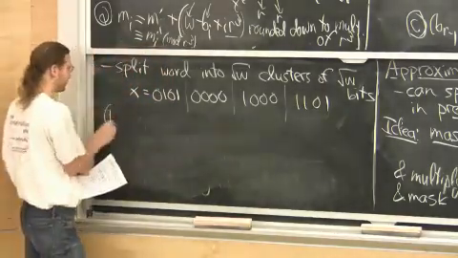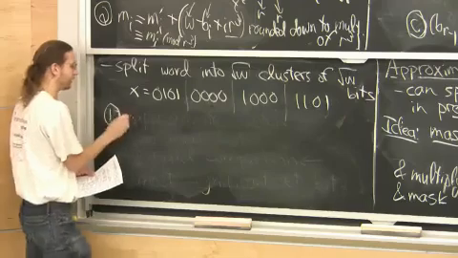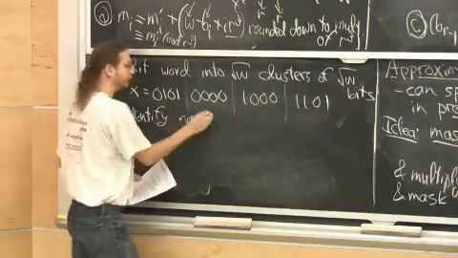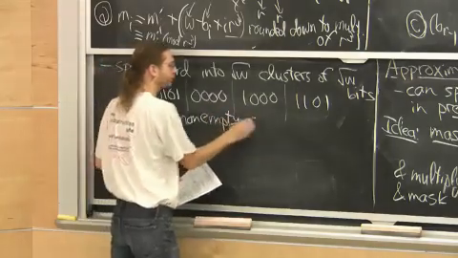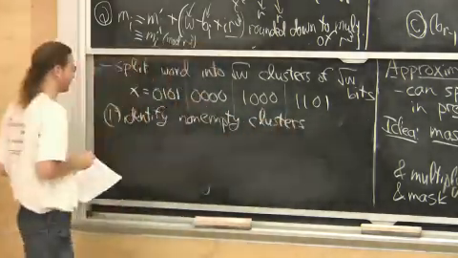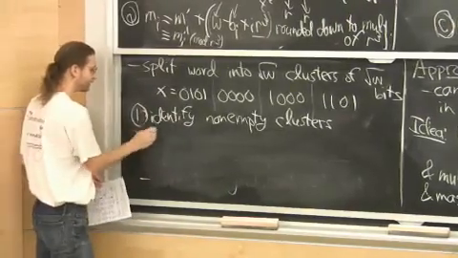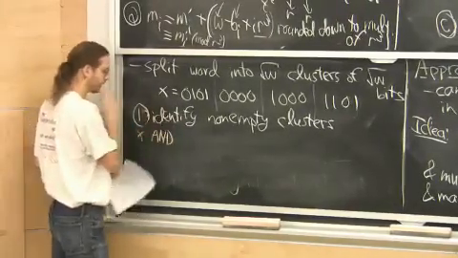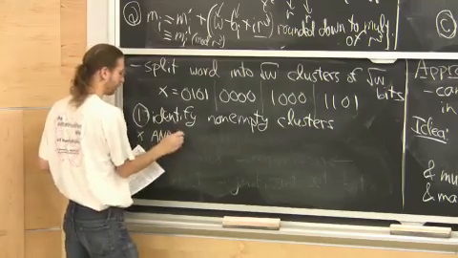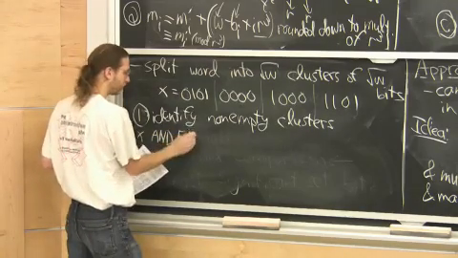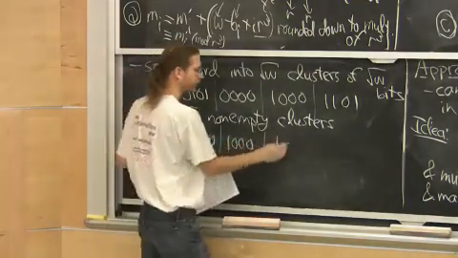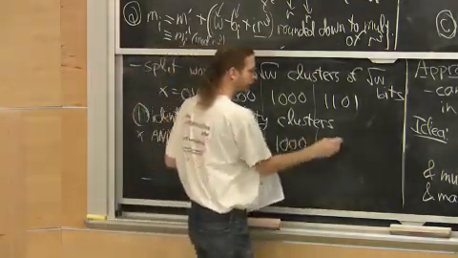So let's spend some time on identifying non-empty clusters. Okay, first thing I do is I take X ANDed with this thing which I'm going to call F: 1 0 0 0 1 0 0 0 1 0 0 0 1 0 0 0.